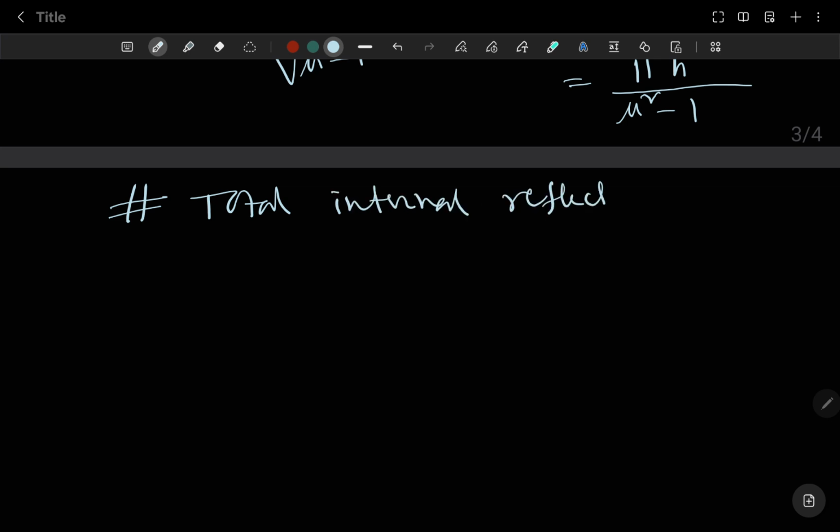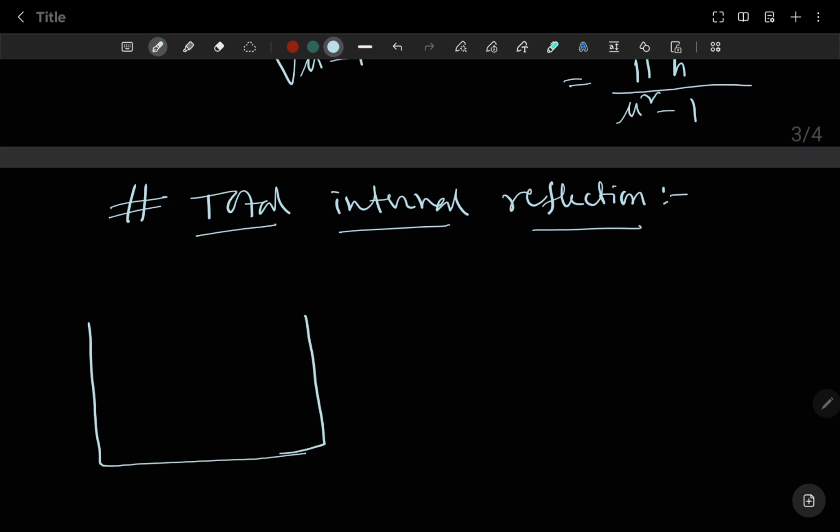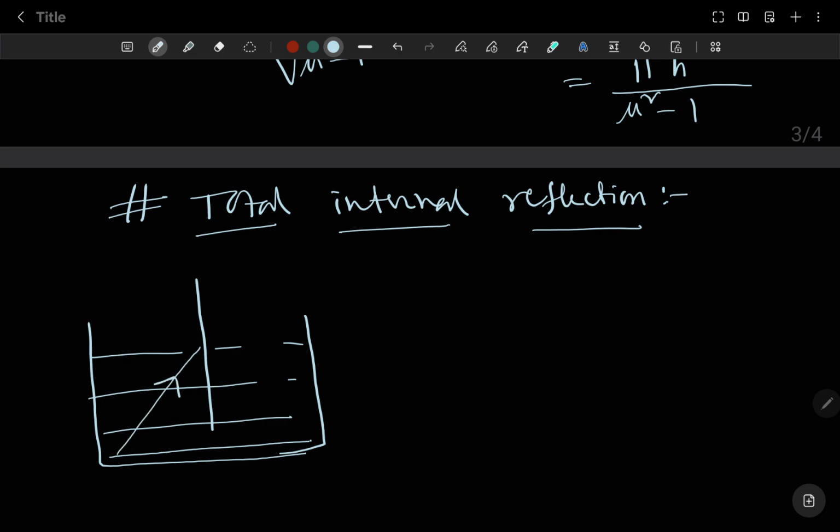Now, total internal reflection. Here the light ray, while getting refracted from a denser to a rarer medium, falls on the interface at an angle greater than the critical angle. Here i is greater than theta c.